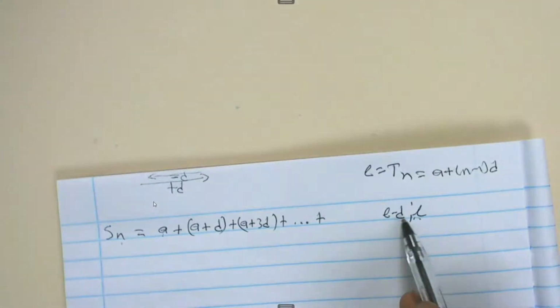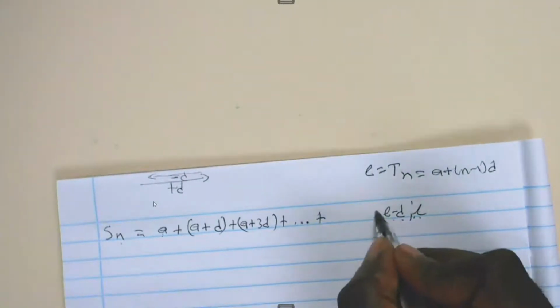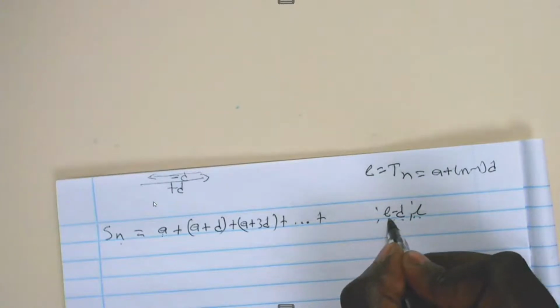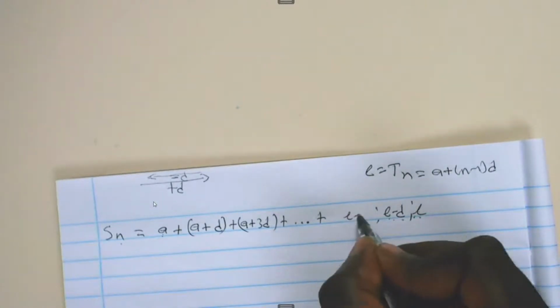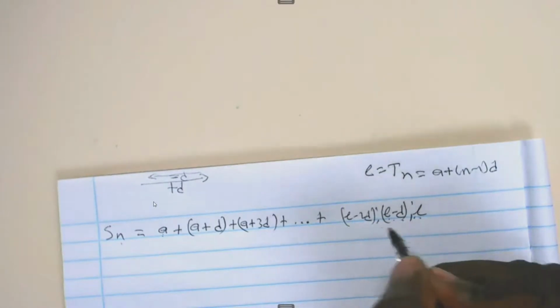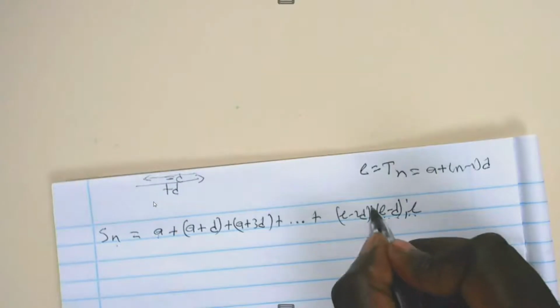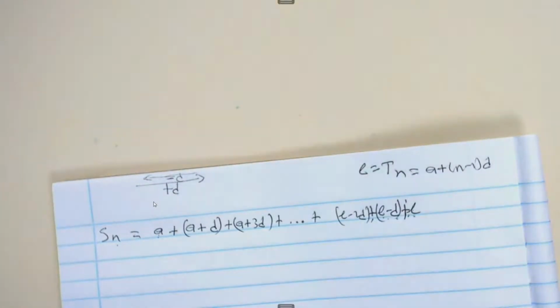We subtract the difference from this last term to have the term before the last one, and we can also get the term before this second-to-last term. That would be L minus 2d. And then we can do this continuously going back. Remember, it's a sum, therefore we are going to need the plus signs there.